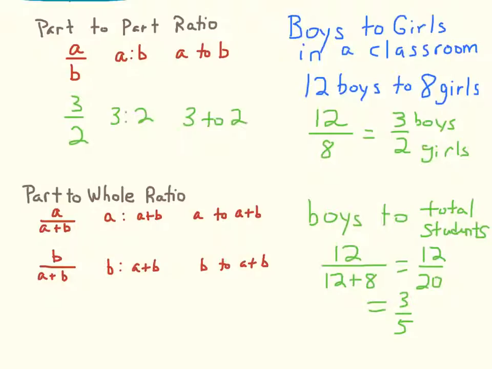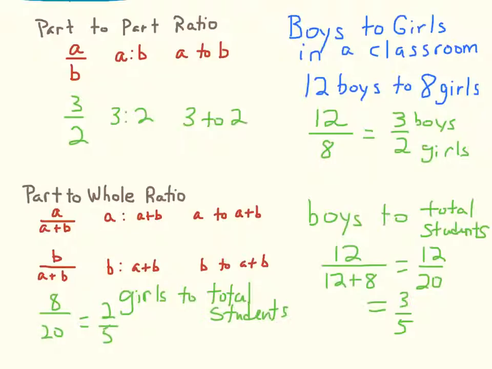Now the ratio of girls to total students is 8 to 20, which simplifies to 2 parts to 5.